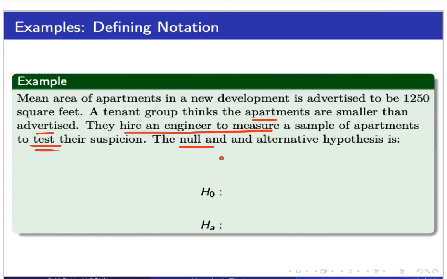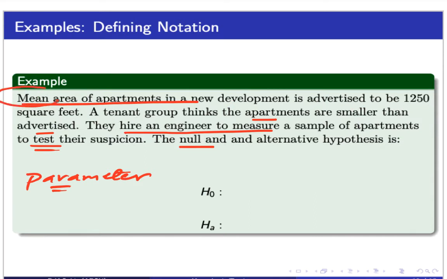So the first thing to keep in mind is when we are writing down hypotheses, we need to know what is the parameter we are working with. That's the most important thing, the parameter. So let's read back the problem again. The mean area of apartments in a new development is advertised to be 1250 square feet.